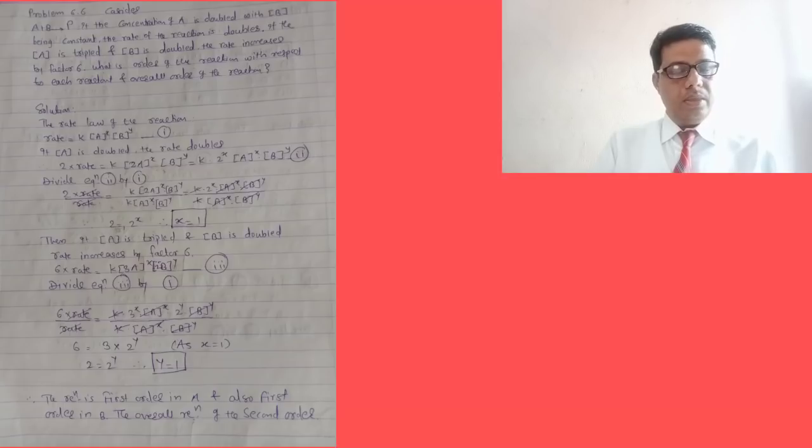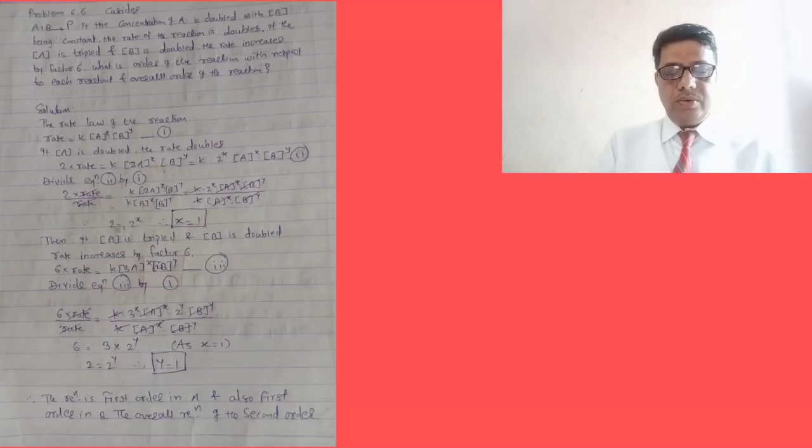We have to separate these terms, and here we have to divide this equation by 1 as we did in the previous mathematical operation. So we obtain the equation 6 into rate upon rate is equal to K into 3 raised to X into concentration of A raised to X into 2 raised to Y into concentration of B raised to Y upon K into concentration of A raised to X into concentration of B raised to Y. The same terms get cancelled.